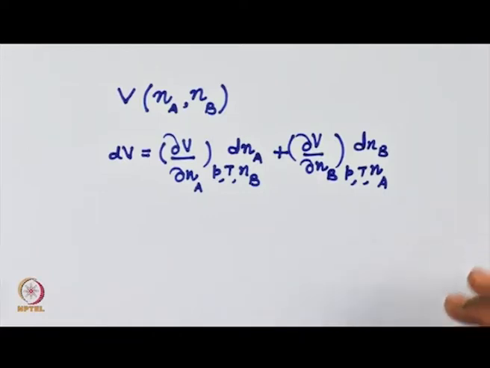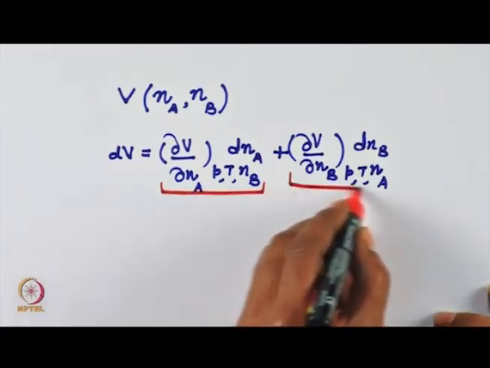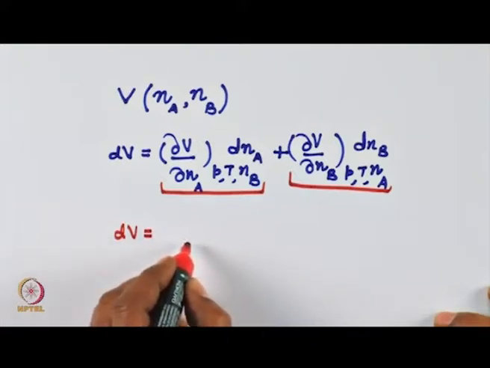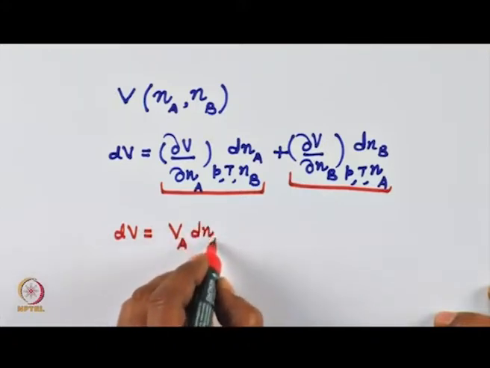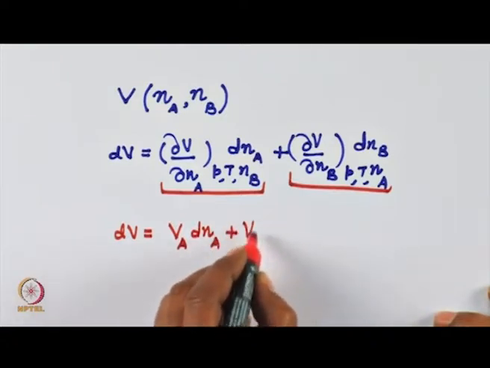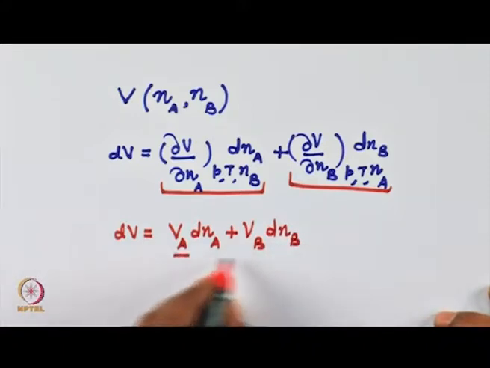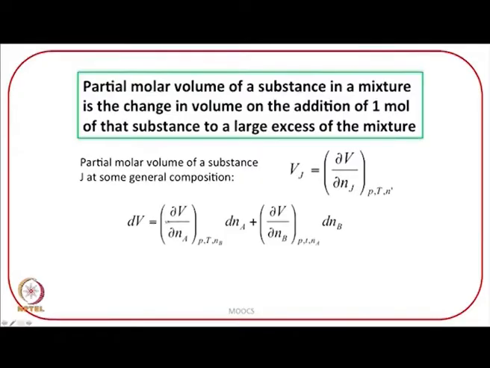Let us recognize these quantities as partial molar volumes. That means what I have is dV is equal to VA dNA plus VB dNB, where VA and VB are the partial molar volumes of component A and component B. Let us go back to the slide.